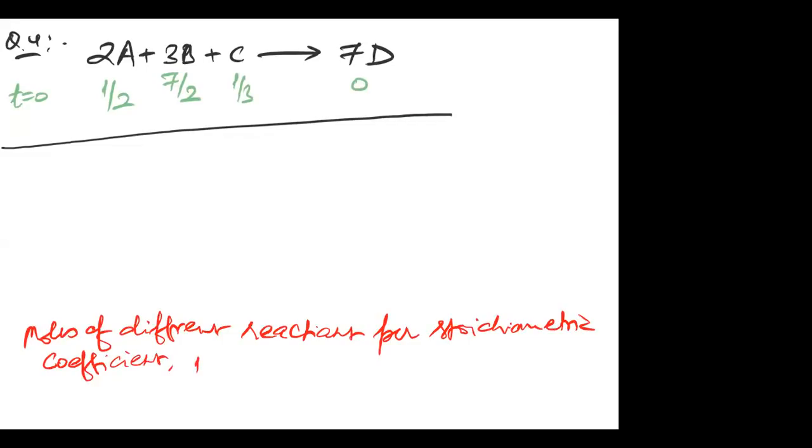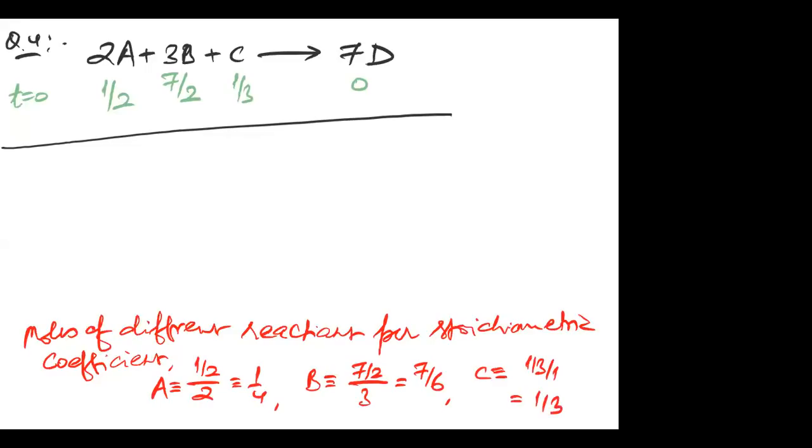Here it is half divided by 2 for A, which comes out to be 1 by 4. Similarly, for B, it is 7 by 2 divided by 3, and it comes out to be 7 by 6. Similarly, for C, it is 1 by 3 divided by 1, and it comes out to be 1 by 3.